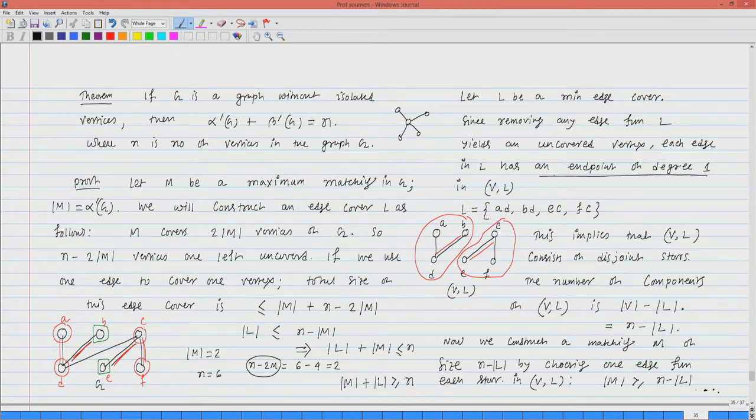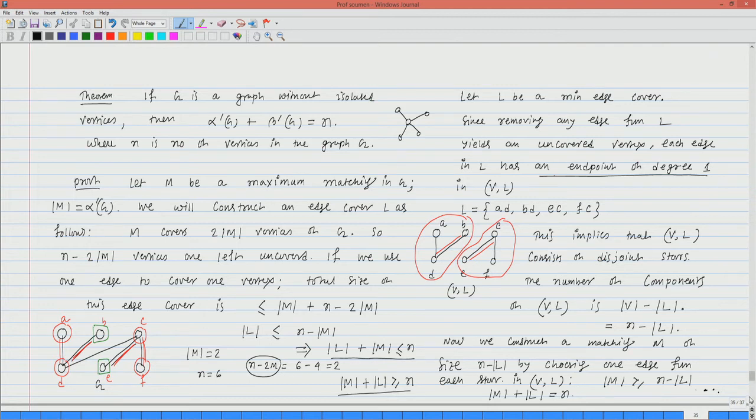Before, we got that the cardinality of L plus the cardinality of M is less than or equal to n. Now we prove that it is greater than or equal to n. So, finally, combining these two we get that the cardinality of M plus the cardinality of L is equal to n. Okay.